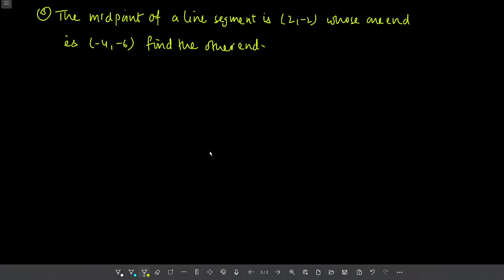This question has told us that the midpoint of the line is (2, -2). The midpoint is already given. One end also is given. We need to find out the other end.